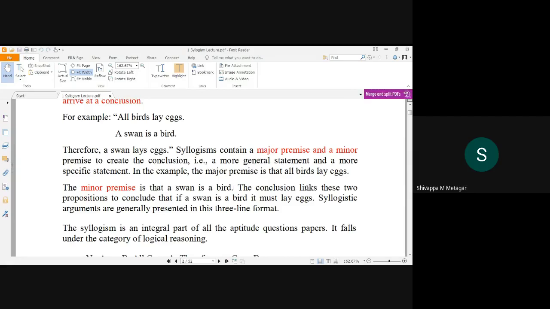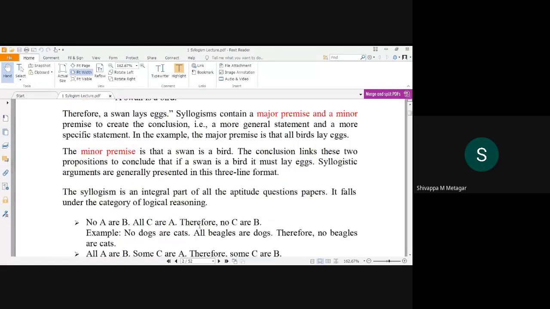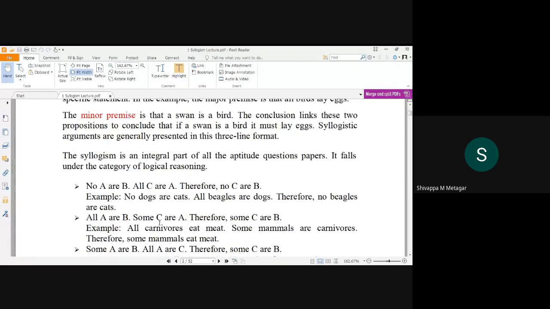The conclusion links these two propositions to conclude that if a swan is a bird, it must lay eggs. Syllogistic arguments are generally presented in this three-line format. Syllogism is an integral part of all aptitude question papers. It falls under the category of logical reasoning.